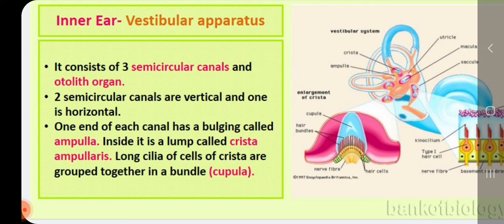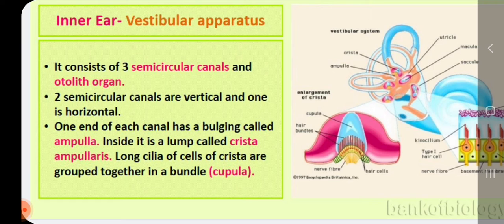So the vestibular apparatus consists of three semicircular canals and the otolith organ, where the otolith organ consists of two parts, called the saccule and utricle.